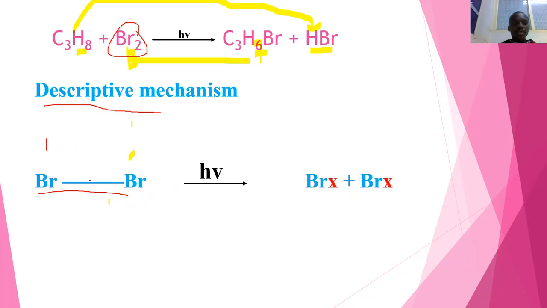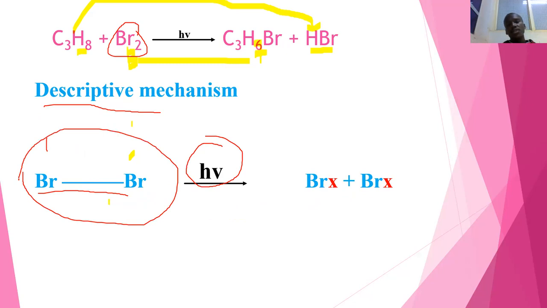So this bond, you realize that in the presence of UV light or heat, the radicals, the non-radical compound. This one is a non-radical compound.